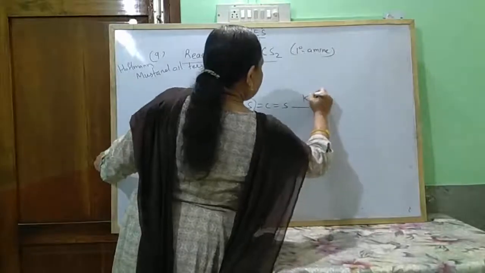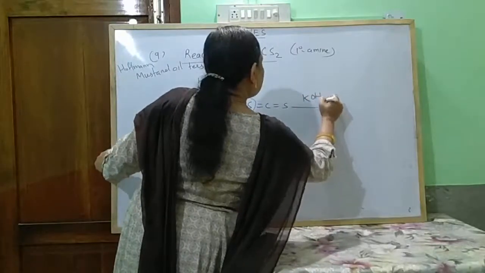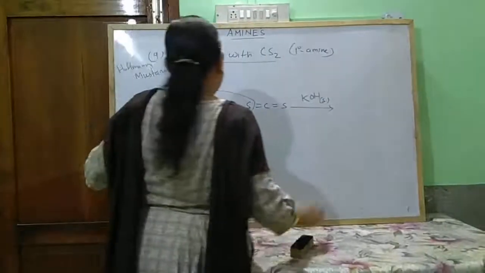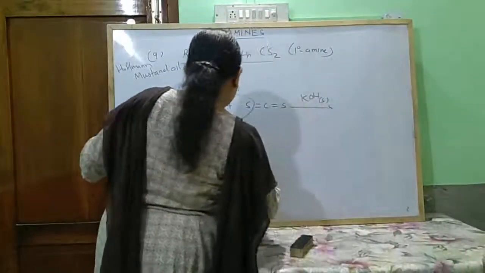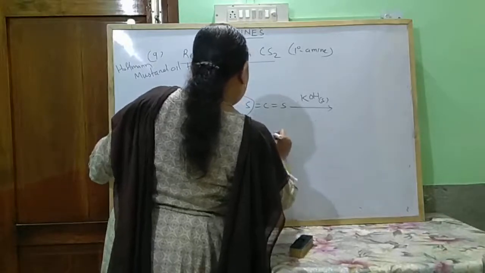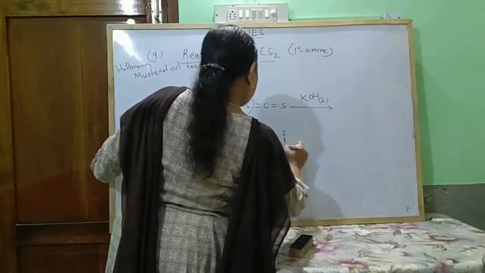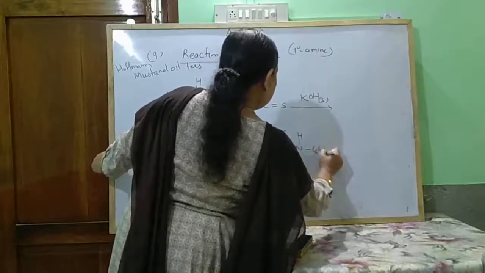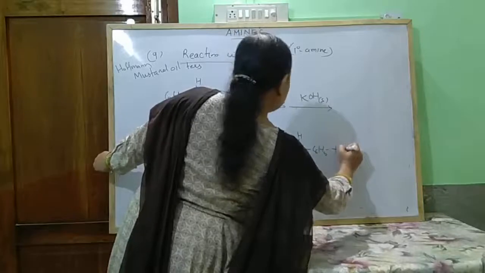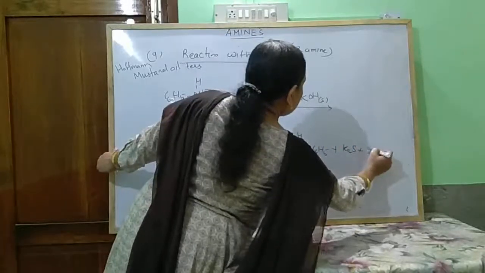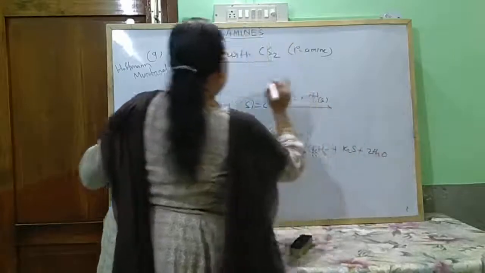Then when it is heated with solid potassium hydroxide, it forms C6H5NHCSNHC6H5 plus K2S plus water.